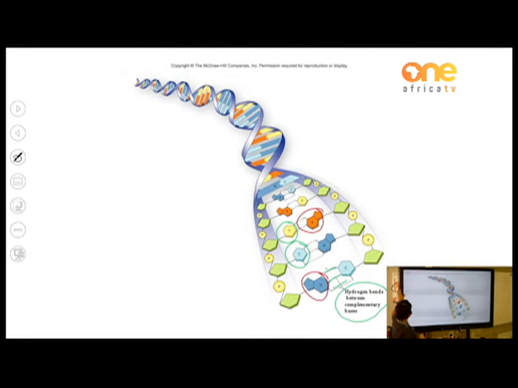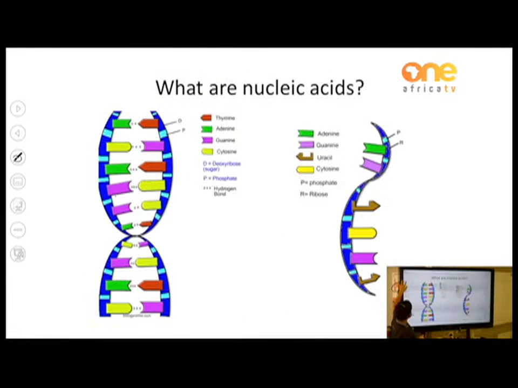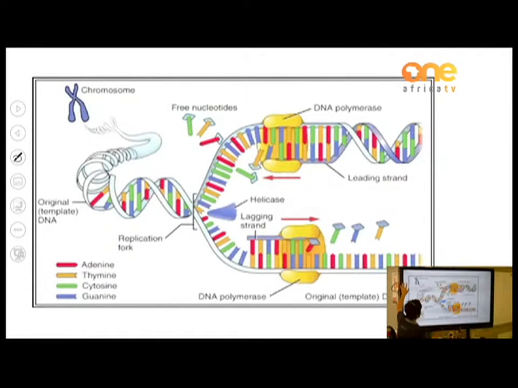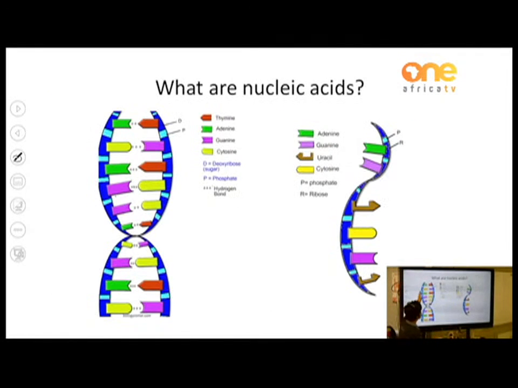Okay. And if we need to get to the other type of nucleic acid, we have RNA. We also know that RNA is a bit different from DNA. The first difference is single strand, double strand.